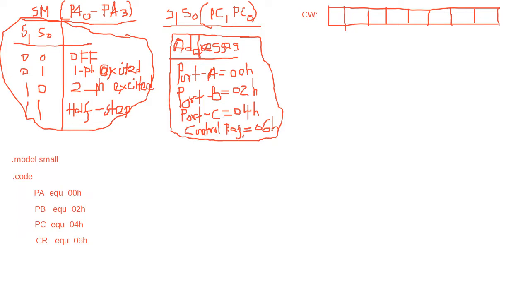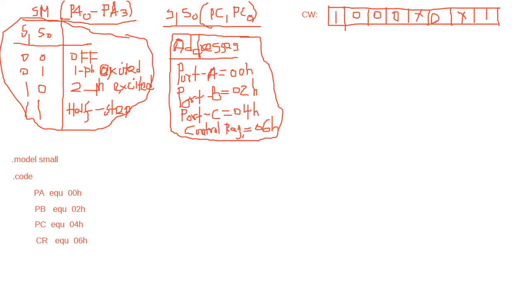Port C lower has the switches connected, so it is input. Port B is unused, and this is for mode 0. Port C upper is unused, and port A is connected to the motor, so it is output. These two bits are for mode 00, and this one is 1.